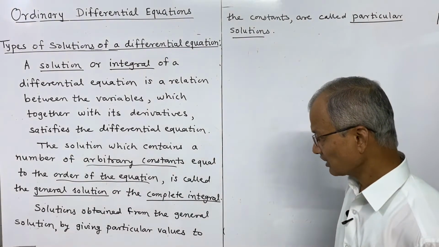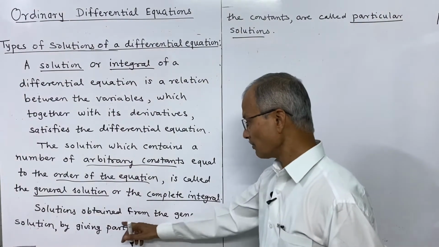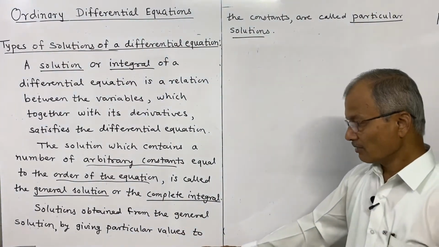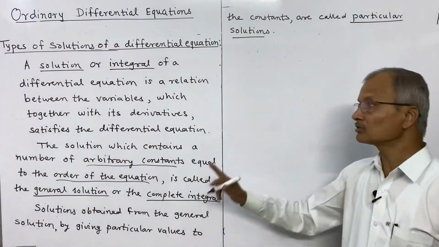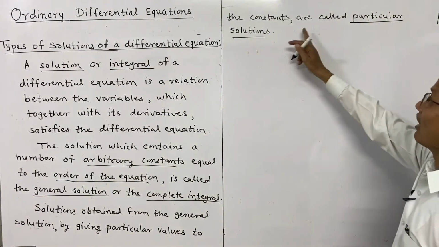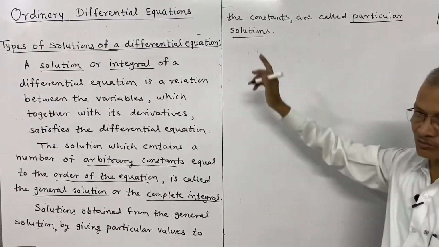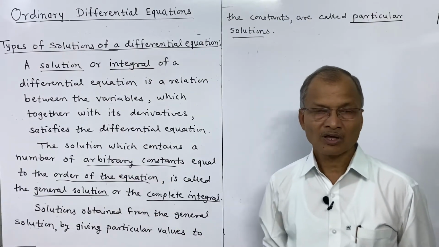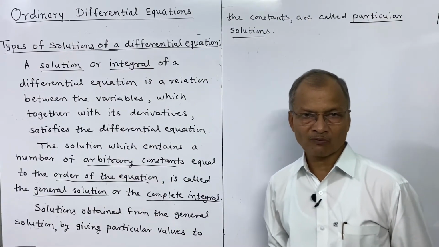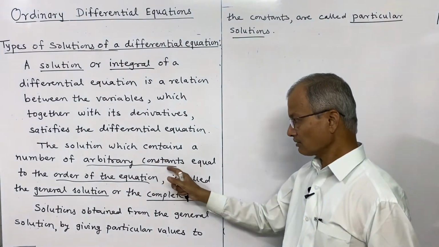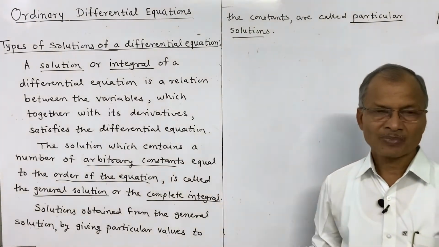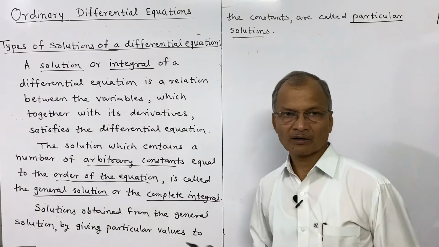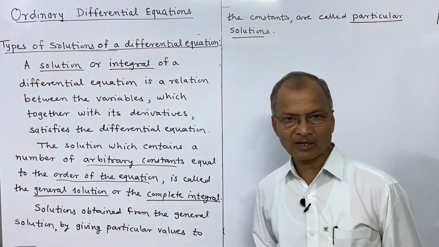And what about the next solution? A solution obtained from the general solution by giving particular values to the arbitrary constants is called a particular solution. So the arbitrary constants are there in the general solution. If we assign particular values to these arbitrary constants, or by imposing a given condition, we can obtain the values of the arbitrary constants.